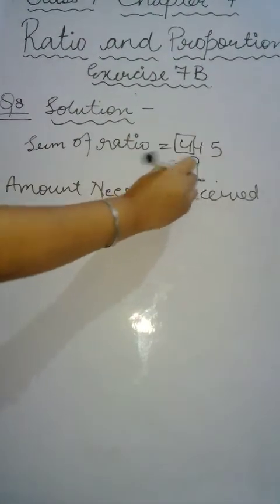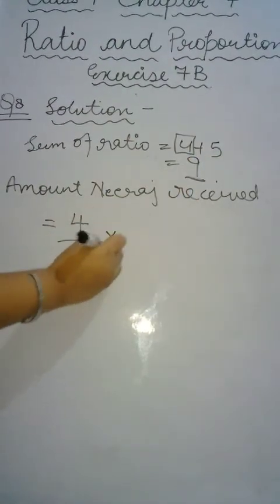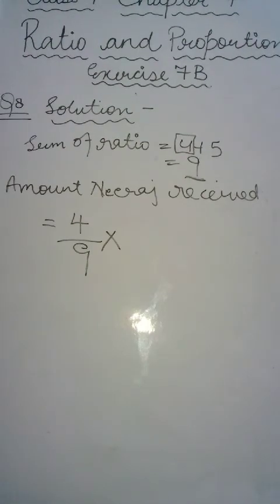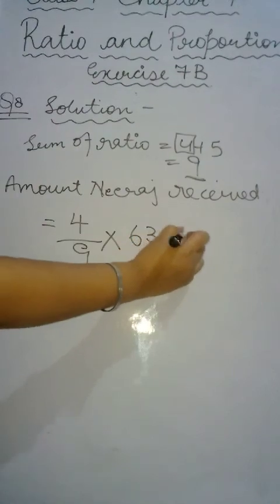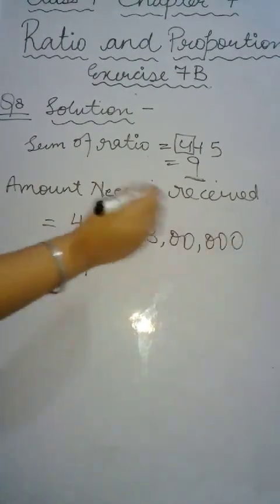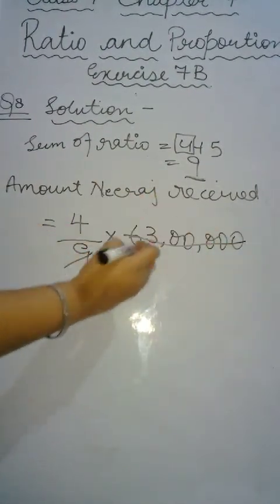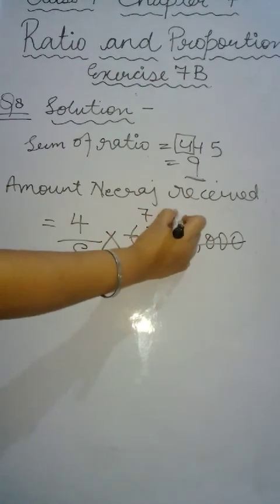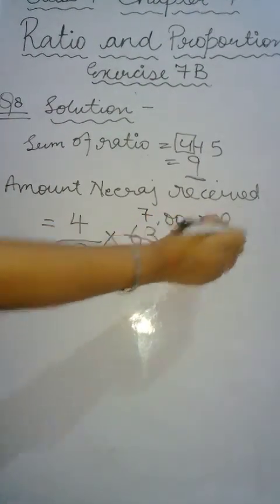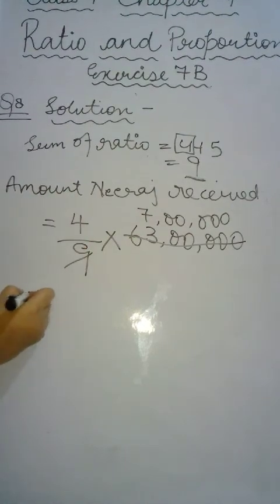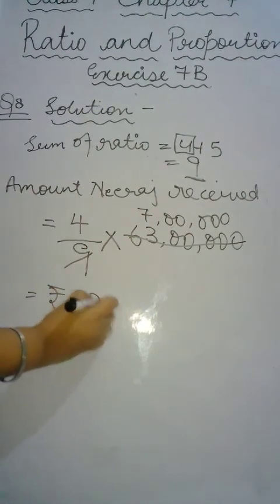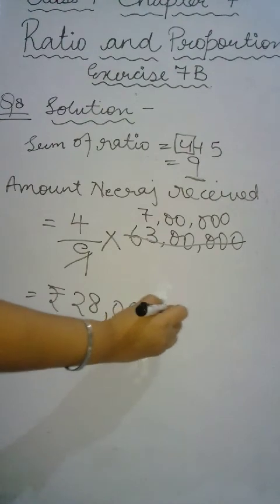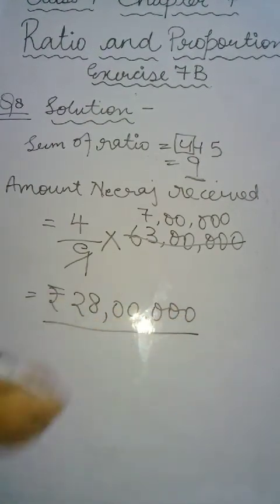What is the total number of parts? 9. And for how much amount was the house sold? 63 lakh. Cancel this. 9 ones are 9, 9 sevens are 63. 7 lakh. Now 7 multiplied by 4 will give you rupees 28 lakh. This is the amount received by Neeraj. Okay. I hope you have understood this question.